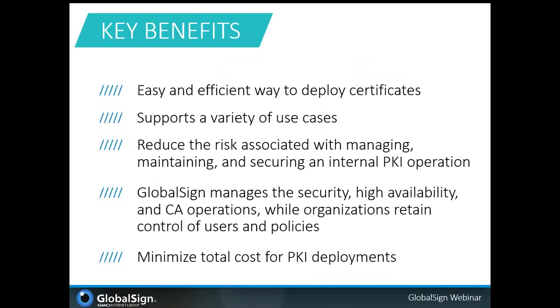It can reduce the risk associated with managing, maintaining, and securing an internal PKI operation in-house. GlobalSign manages the security, high availability, and CA operations, while the organization still retains control of the users and the policies. Best of all, you can minimize the total cost of PKI deployments, as there's no need for extra staff support or internal expertise.